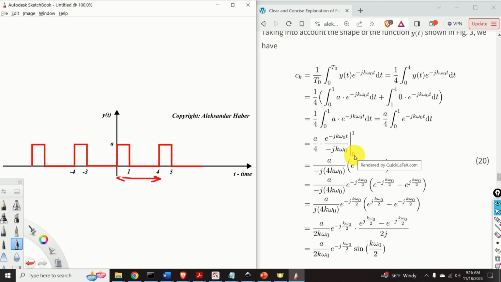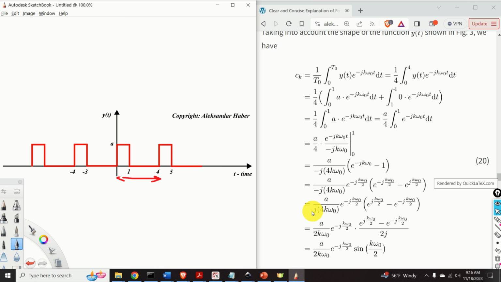We need to substitute the bounds from 0 to 1 and we do it over here. Next, let's do the following trick. Let us take out of this expression e to the power minus j k omega 0 over 2. As the result, in these parentheses, we are left with these two terms. Perfect.